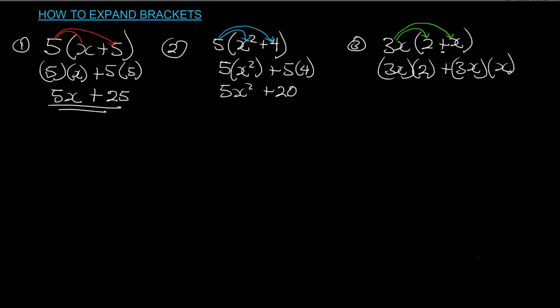This gives us 6x. 6x is obtained from multiplying 3 and 2, plus 3x squared. Let's take another example.